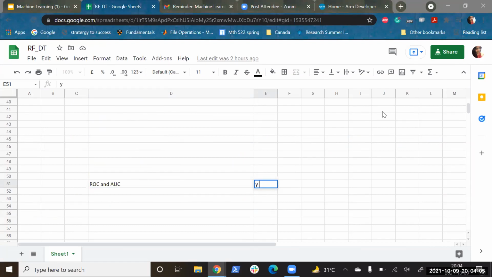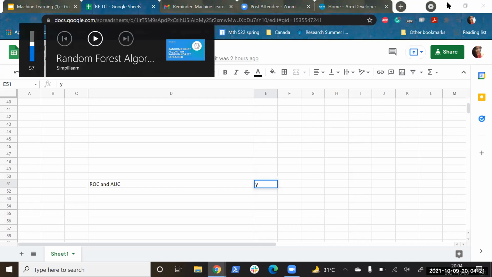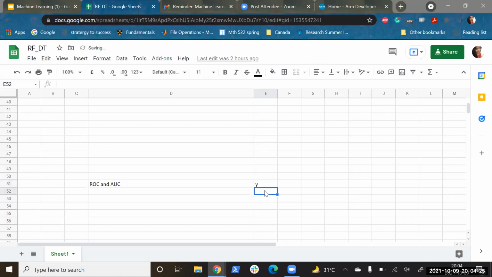You guys can open up your Google Sheet and work, 2 to 3 minutes. Meanwhile, I will just type the values here for y.